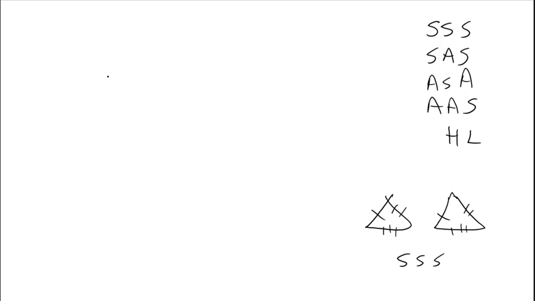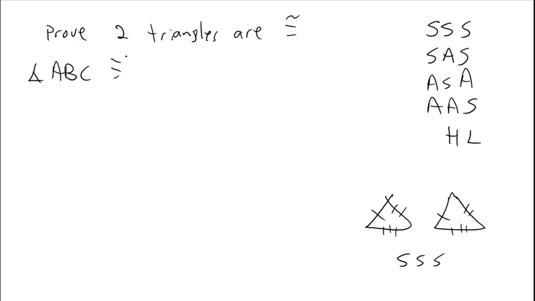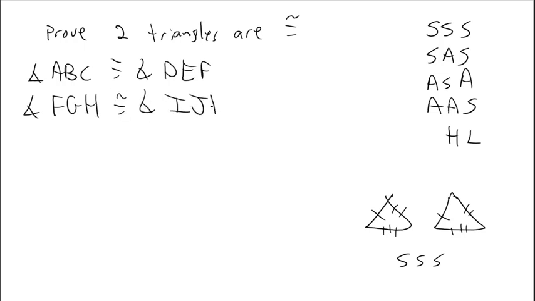Okay, so assuming that we know that, and in the proof, for example, let's say we're trying to prove these two triangles are congruent. So we're trying to prove that just any two triangles are congruent. And let's say somewhere in the proof, maybe in the given information, or something you've already proven, we had angle ABC congruent to angle DEF, and let's say angle FGH is congruent to angle IJK.